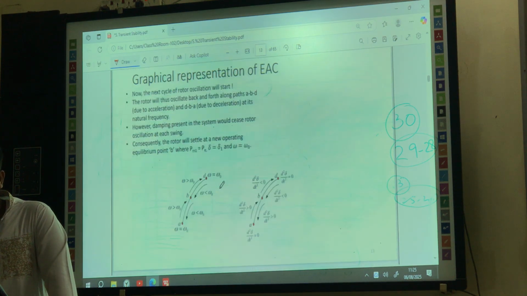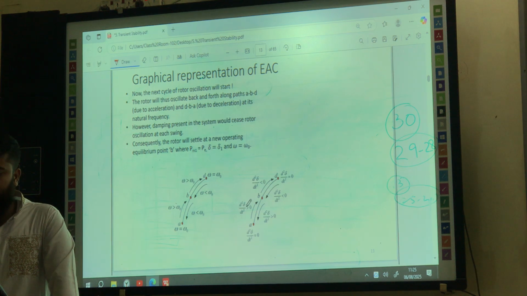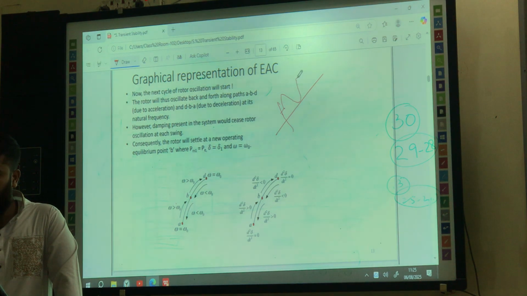Now here you can see this is in terms of omega, and this is in terms of acceleration. In terms of acceleration, what will be the case? If I just redraw this, it will be like this, with time on the axis. This is omega naught.